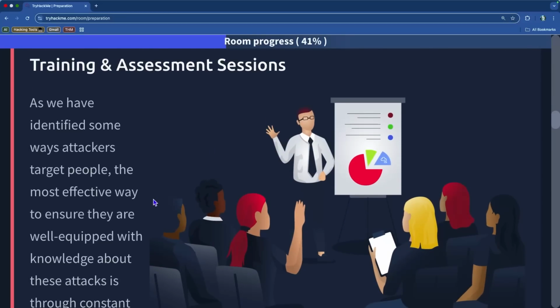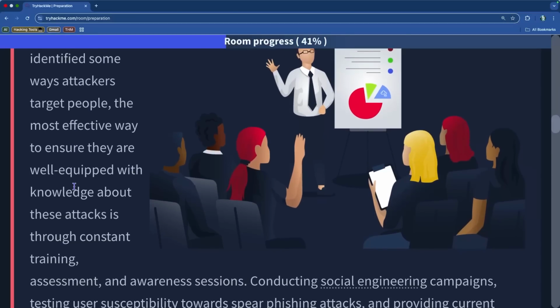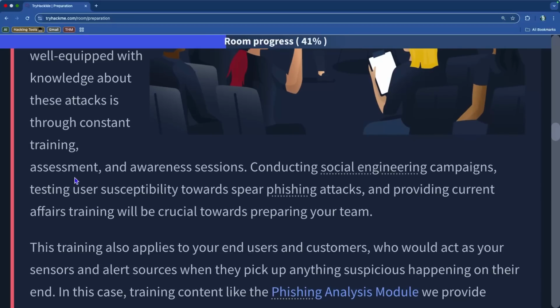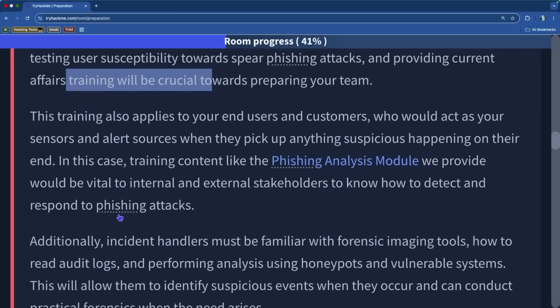As we've identified some ways attackers target people, the most effective way to ensure they are well equipped with knowledge about these attacks is through constant training, assessment, awareness sessions, tabletop exercises, rehearsals, pen tests, etc. Conducting social engineering campaigns, testing user susceptibility towards spear phishing attacks, and providing current affairs training will be crucial to preparing the people.